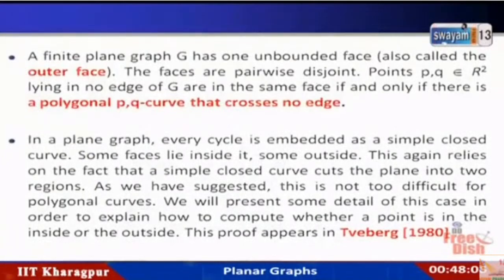A finite plane graph G has one unbounded face, also called the outer face. The faces are pairwise disjoint. Points p, q in two-dimensional space lying on no edge of G are in the same face if and only if there is a polygonal p,q curve that crosses no edge.